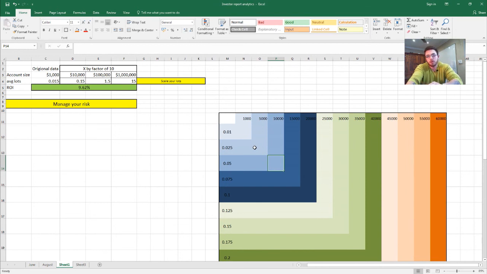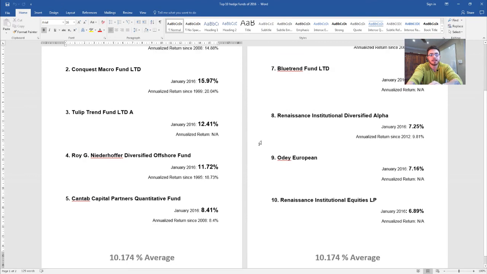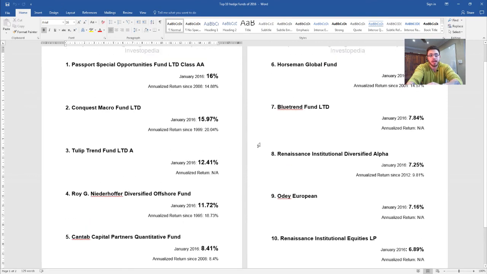So to everyone who has gotten to the end of the video, something I want to leave you with is something I've actually got stuck up on my wall. It's the top 10 performing hedge funds in the industry in 2016. Now what you can see here is there's 10 groups on this Word document.